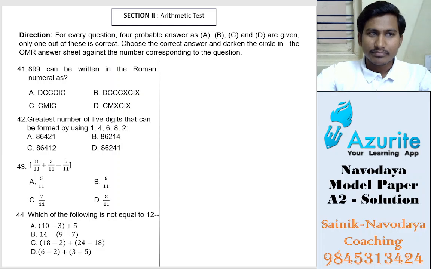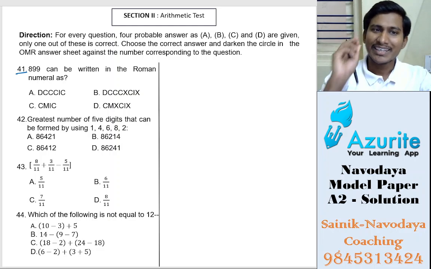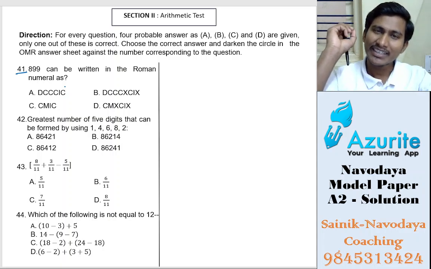Question 41: 899 can be written in Roman numerals as? So how do we write 899?